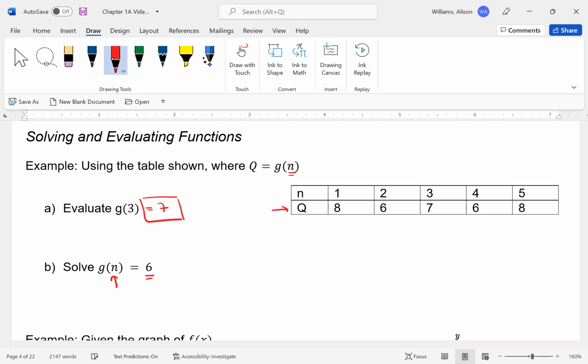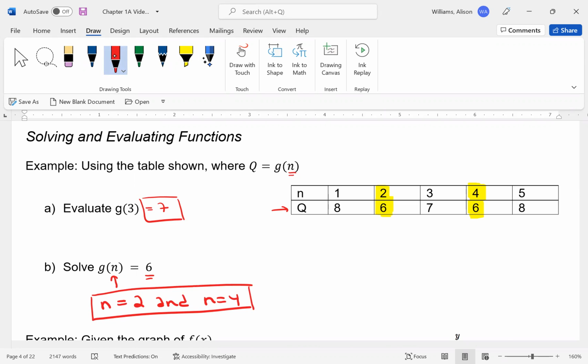I see 6 twice. 6 is matched with 2 and 4. So I can list 2 answers. n equals 2 and n equals 4. Those are the 2 values that give me 6 as an output. And there's nothing wrong with that. It is, in fact, a function.